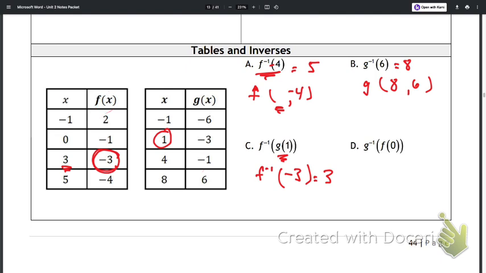On the next one, we're going to do g inverse of f of 0. F of 0 is right here. Its value is negative 1. And then you're going to do the inverse of negative 1. So that's when the y value on the g function is negative 1, and that answer is 4. So this equals 4.